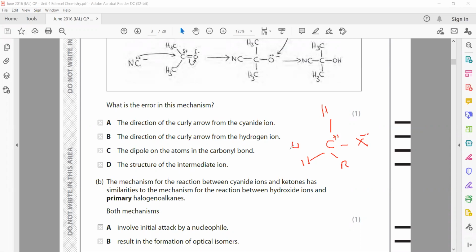So the initial step is the initial attack by the nucleophile, because this hydroxide ion or OH ion is attracted towards the partial positive carbon. Same thing, the nitrile group is also attracted towards a partial positive. So both have the same initial attack by a nucleophile, similar. That's why A is the right answer.